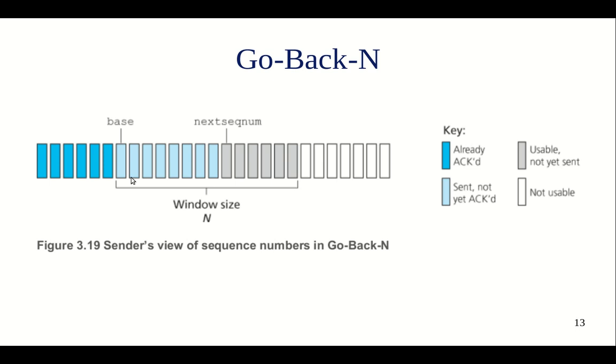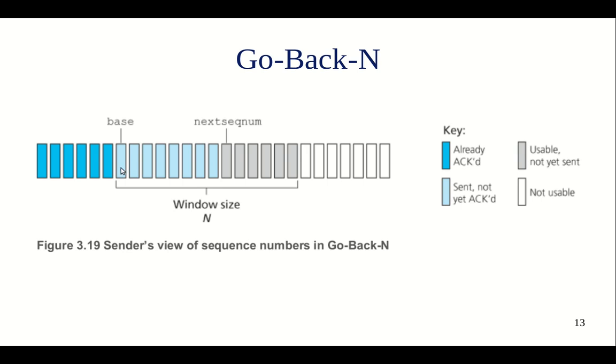If you recall, there is a window for the sender which consists of the packets which have been sent but not yet acknowledged, and it also remembers how many more can be sent without waiting for acknowledgement. So there is a variable called base which points to the base of the window. There is a variable called next sequence number which points to the next packet number that will be assigned to the new data that comes and that gets sent.